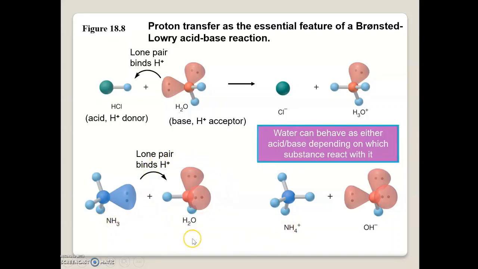H2O donates H+ to the ammonia, so that ammonia turns to ammonium, and ammonia receives H+ from H2O. So ammonia is a proton acceptor, H2O is the proton donor. So ammonia is a base while H2O is an acid according to the Bronsted-Lowry definition.